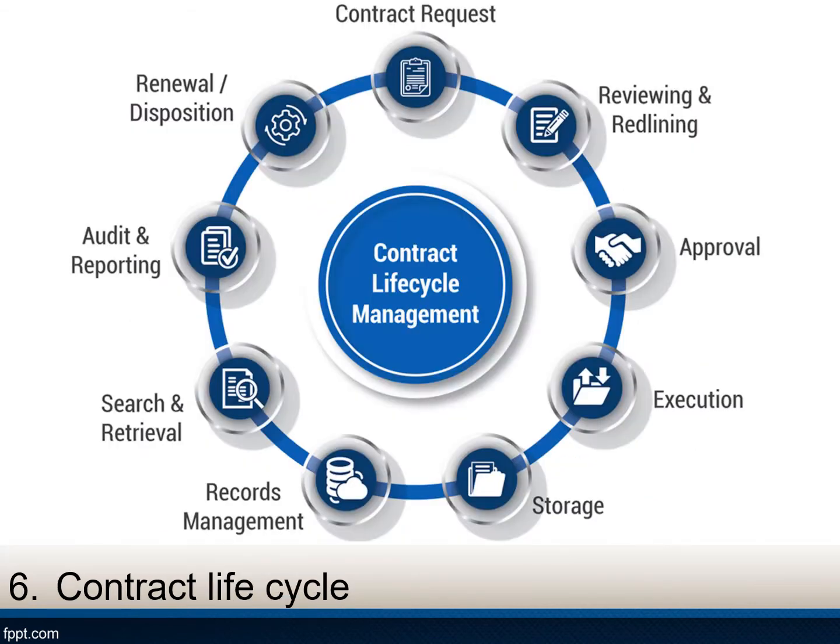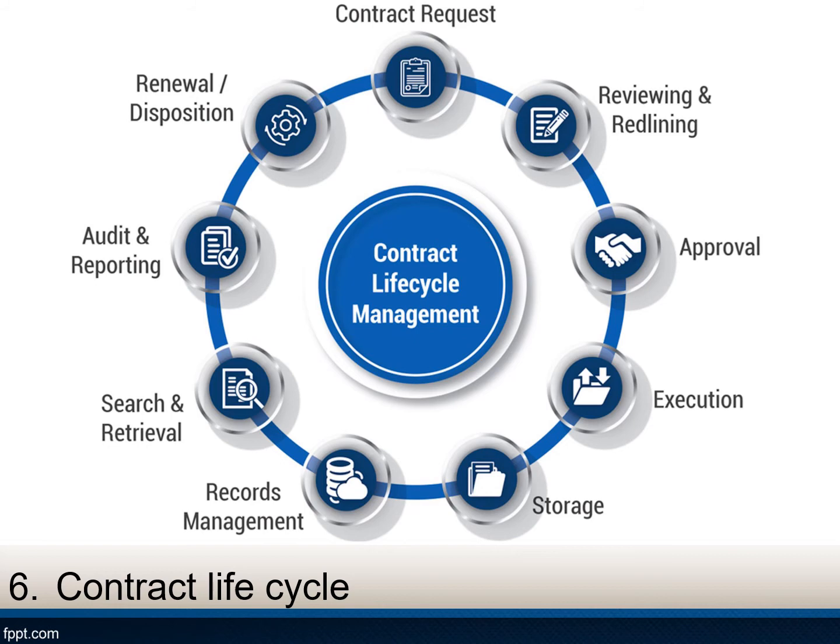It is also important to understand the contract life cycle, because in this cycle you will be able to know what kind of strategy you're going to implement in every stage or phase of the contract life cycle.